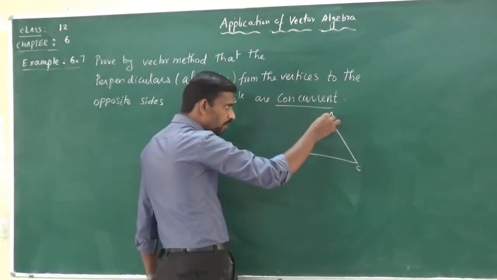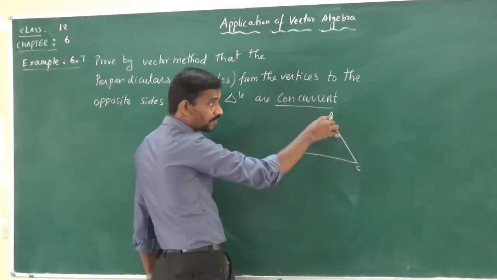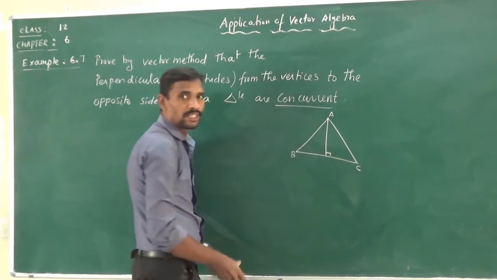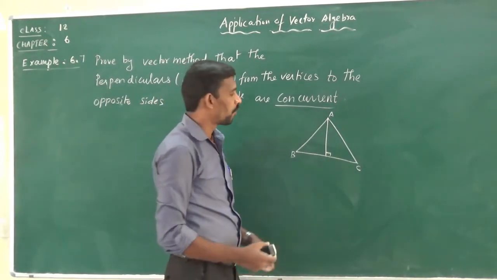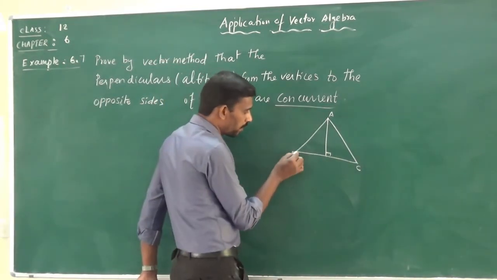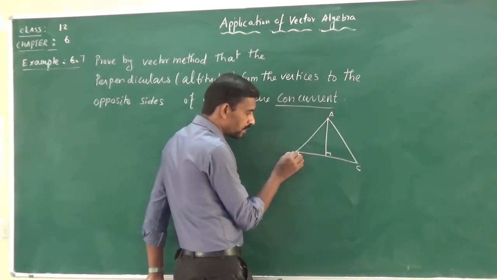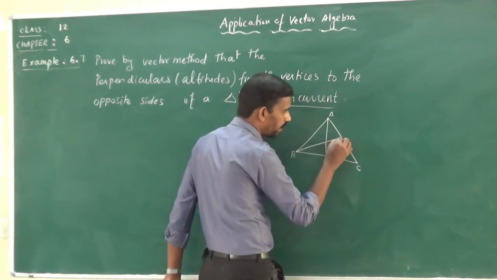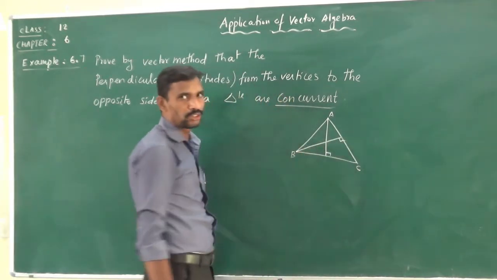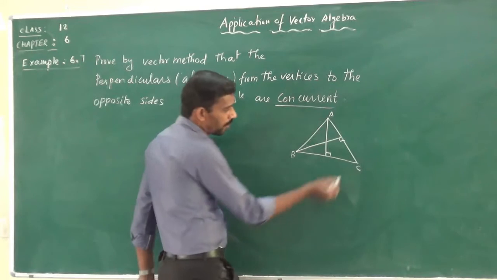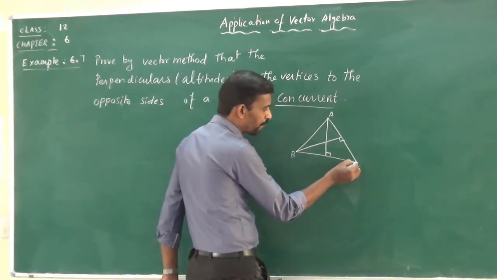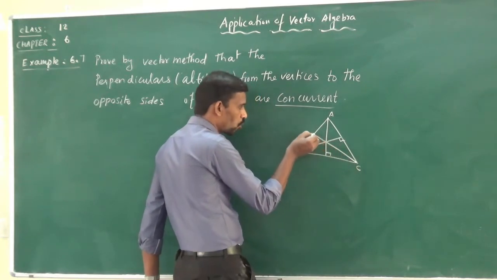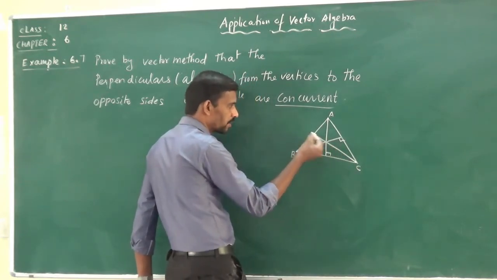A perpendicular drawn from the vertex to the opposite side is nothing but the altitude. So simply we can represent in diagram. So this is triangle ABC. Here, perpendicular line drawn from vertex B to the opposite side CA, this is nothing but altitude. The same way, from vertex C, we are drawing perpendicular line to opposite side AB. This is also altitude.